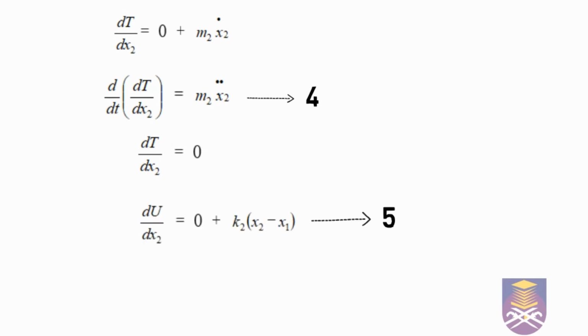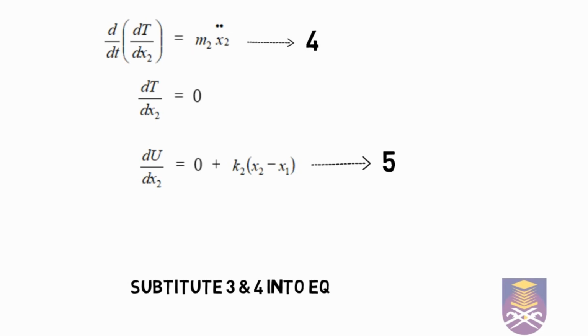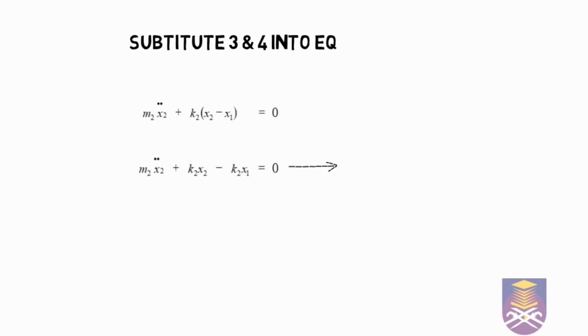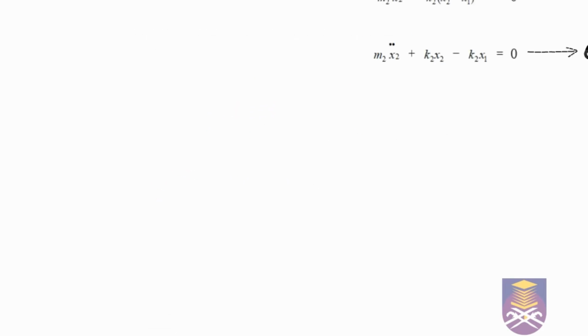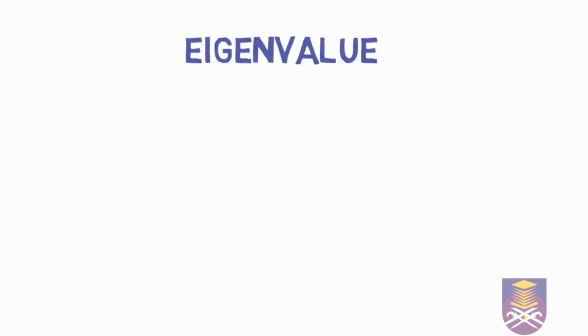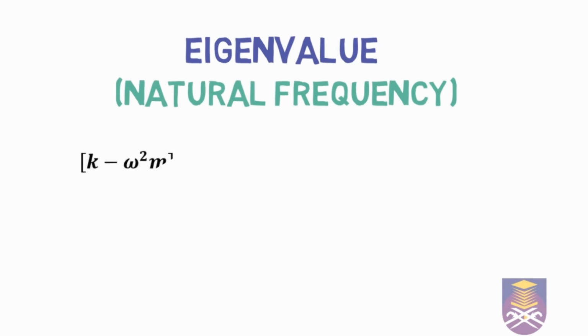Then we substitute 3 and 4 into the equation. By applying matrix into equations 3 and 6, we get the eigenvalue, which is the natural frequency.